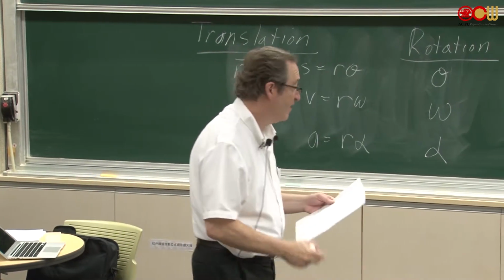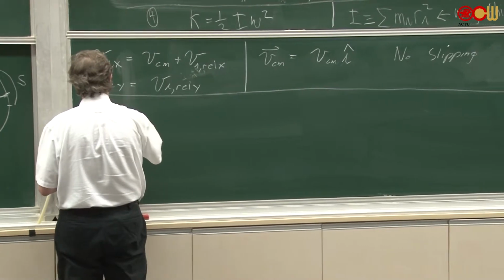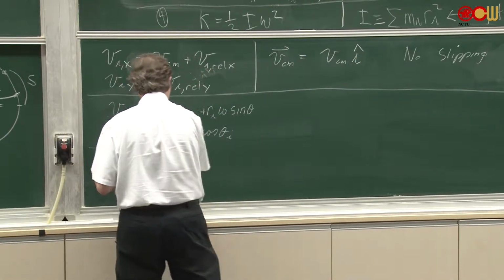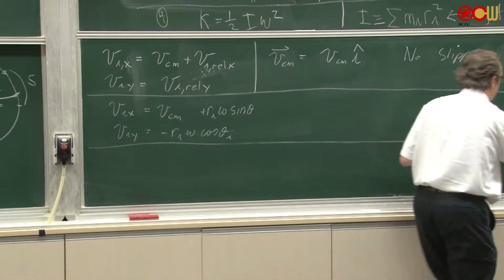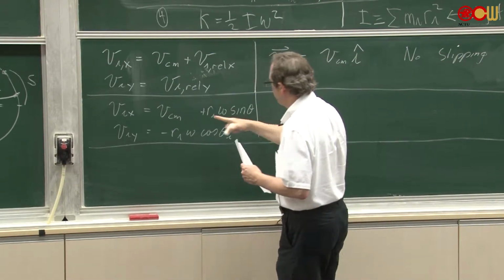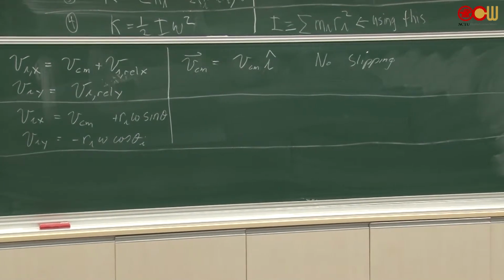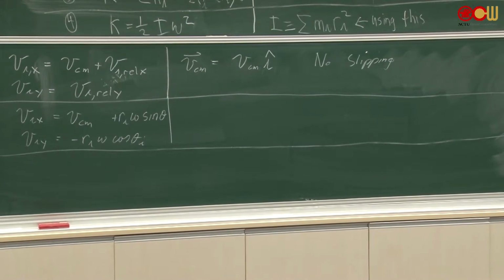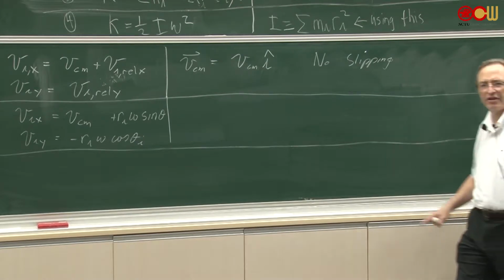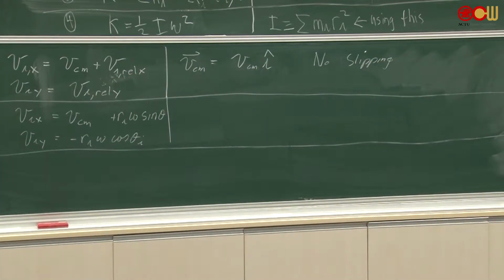All righty. Now I'm going to start writing some things down. Watch this. Okay. I want you to draw a picture to show this. So on your picture, you have to show where theta is. And you have to show how it's rotating and why the velocity can be written that way.